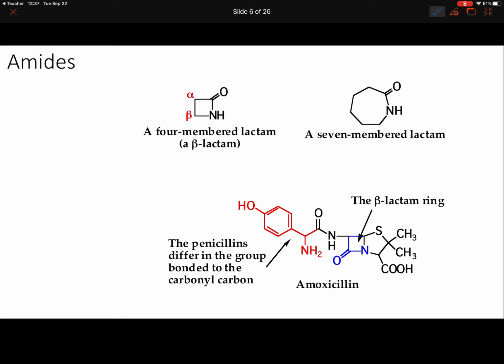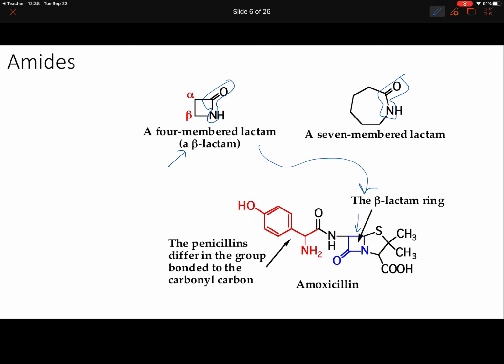So a closed ring, we still have the same functional group, C double bond O attached to an N. I actually can't tell you why this is called a beta-lactam. This must be a 4-membered ring. So 4-membered rings are beta-lactams. Yeah, that makes sense. You can see another one here pointing to that 4-membered ring.